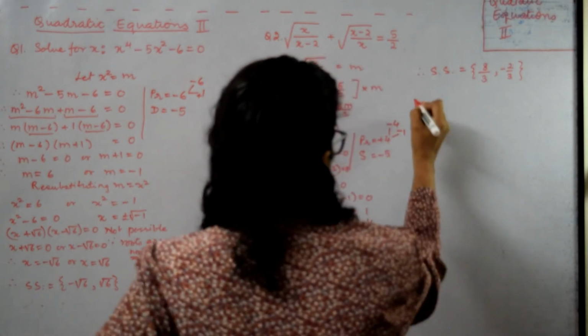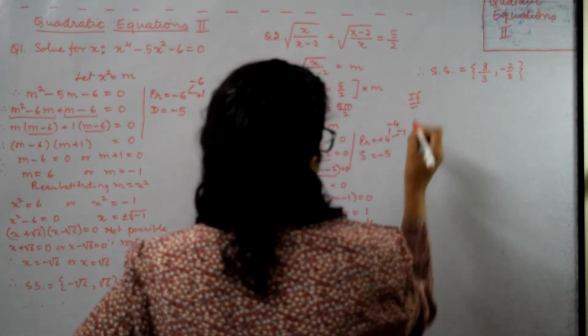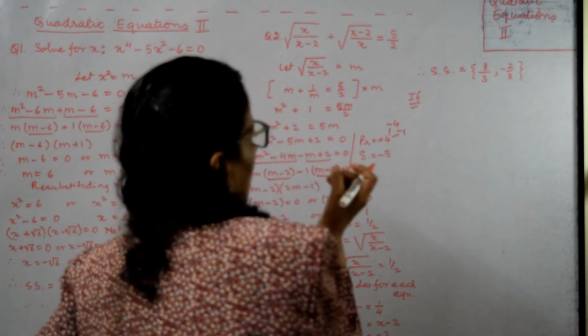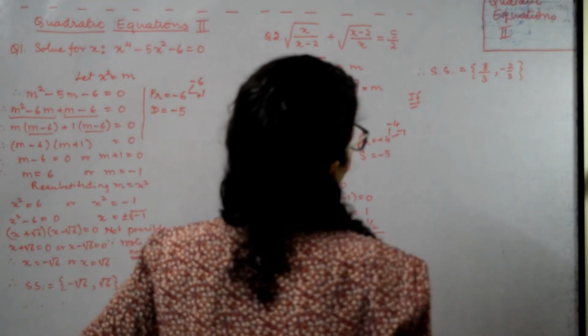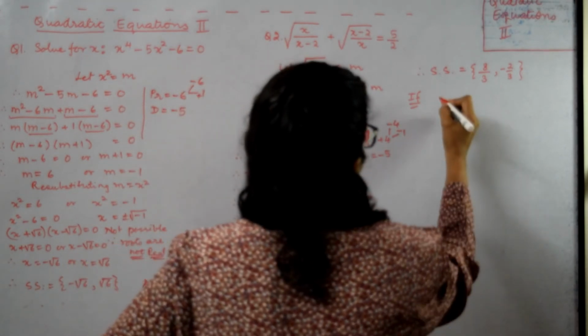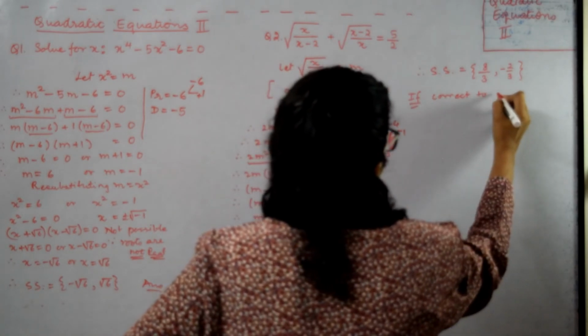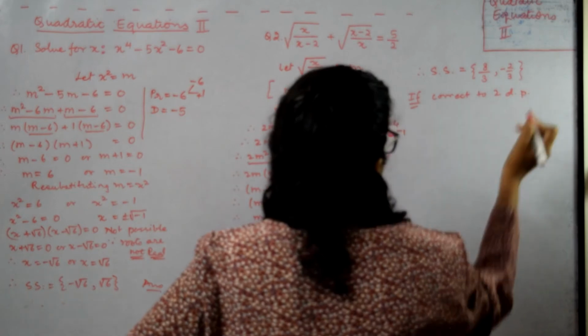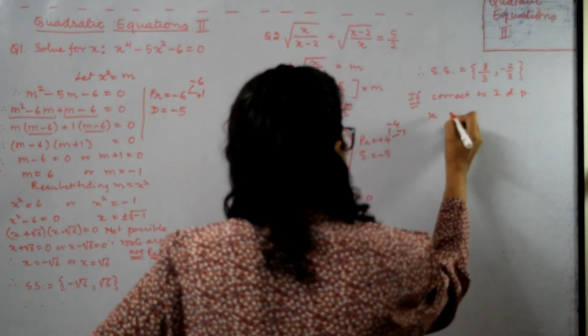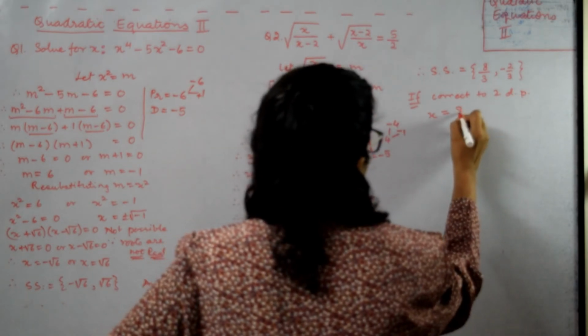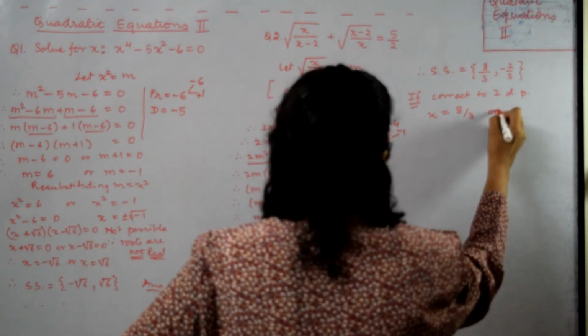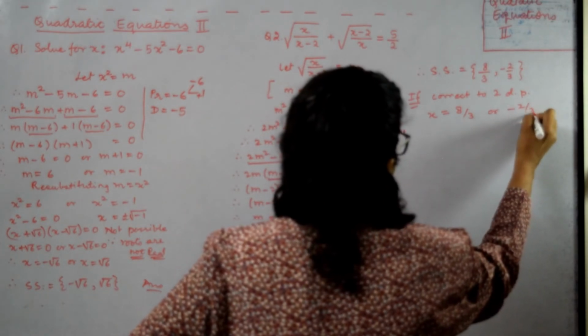But if they ask you a question, give your answer to 2 decimal places. So if they say correct to 2 decimal places, then our x becomes equal to 8 upon 3 or minus 2 upon 3.